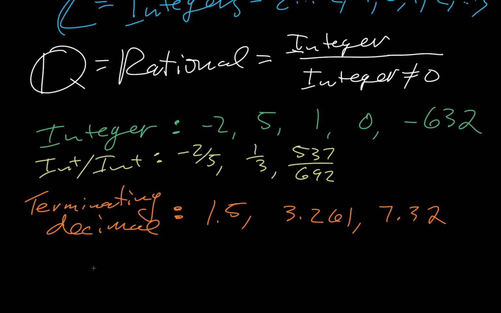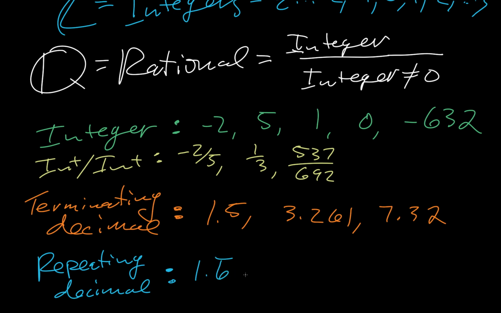Now, the last way to recognize it is a repeating decimal. For a repeating decimal, that's like 1.6 repeating, 5.727272 repeats that forever. All of those can be written, all of those are rational numbers.